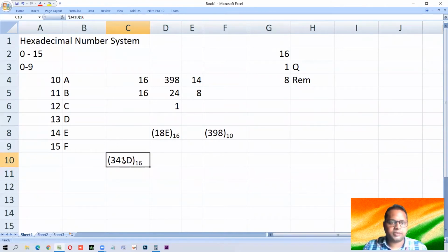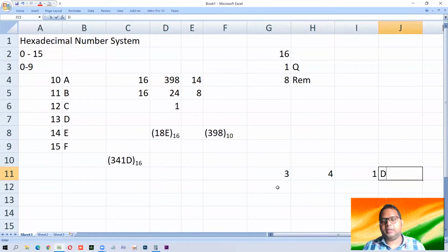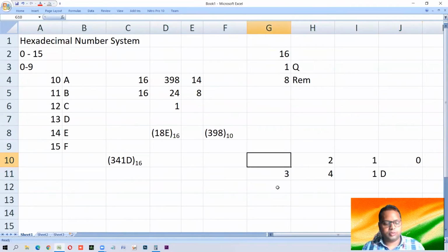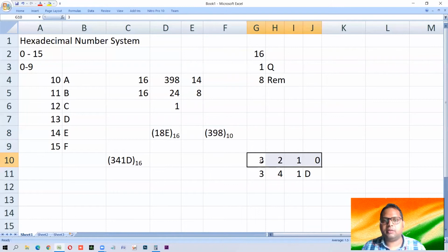Let us take this as our number to be converted back to decimal. How can we convert? The same rule will follow. Here we write 3, the first digit, then 4, the second digit, then 1, and at last the D. Let me reduce the column width so that it is more visible.